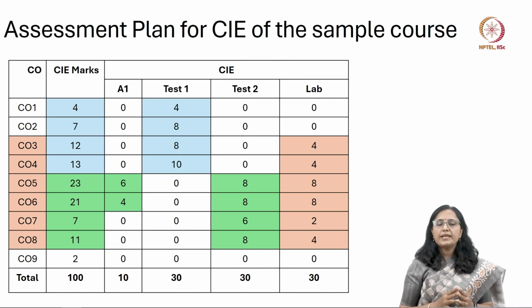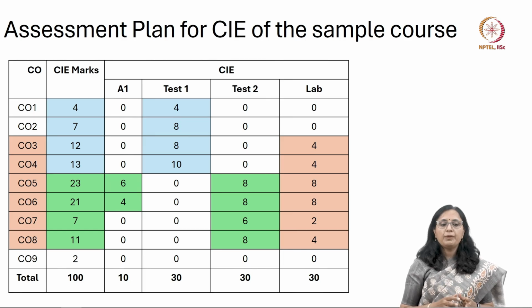Now say we have decided that the first 4 COs, CO1, CO2, CO3 and CO4, we will assess through test 1. So the total marks for test 1 is 4 plus 8 plus 8 plus 10, which is equal to 30. So test 1 is for 30 marks.